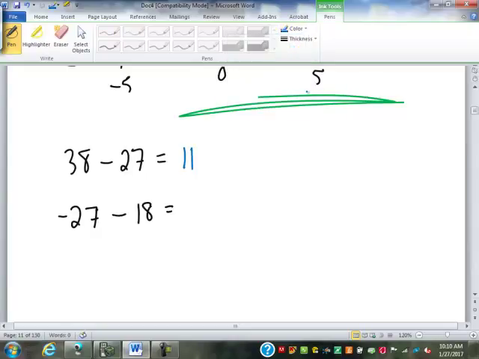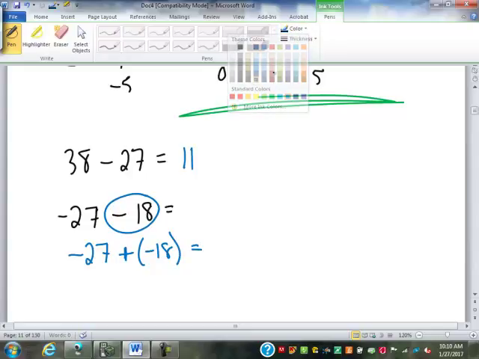So I'm going to change it over. What happens to the negative 27? Stays the same. Just like with dividing our fractions, the first fraction never changes. The first number here never changes. But subtracting 18 becomes adding negative 18, adding the opposite of 18.